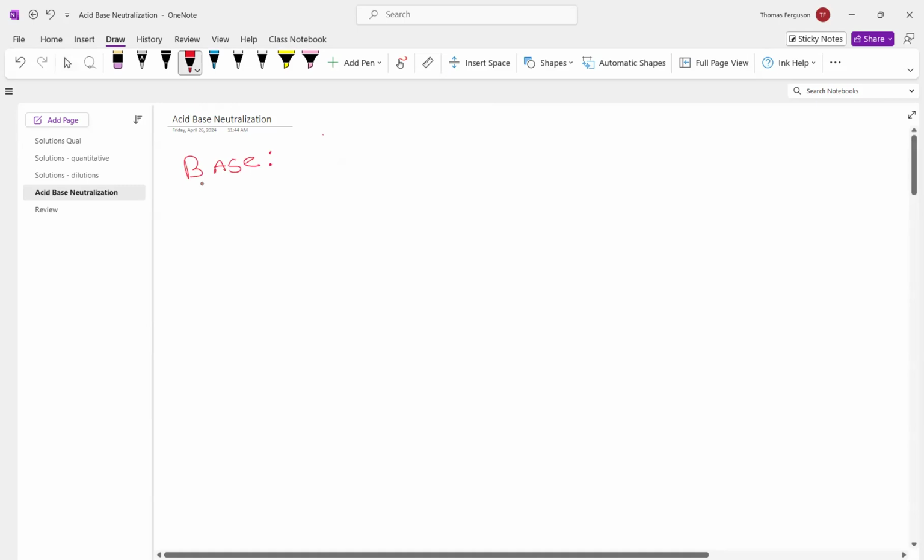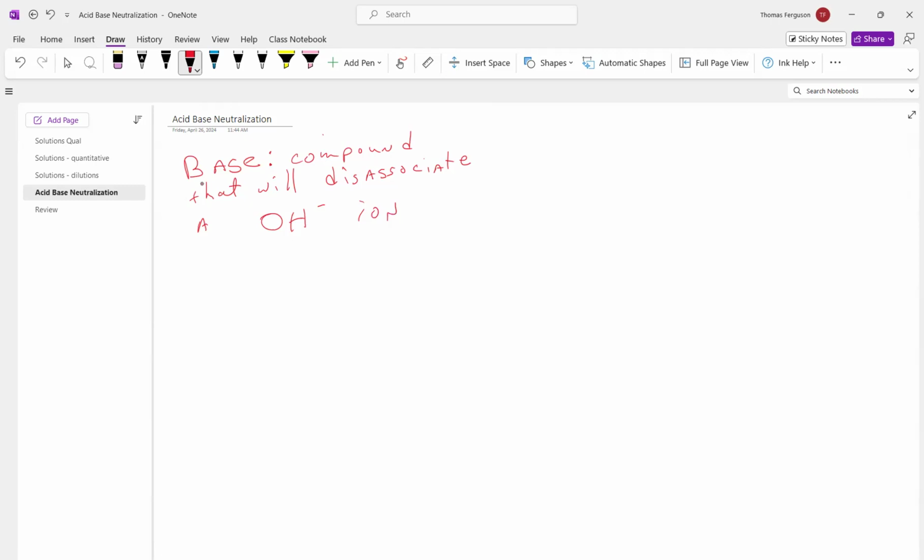Okay, a base is a compound that will disassociate an OH ion, hydroxyl ion.